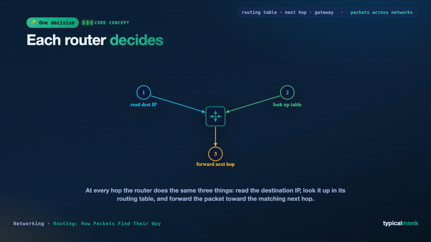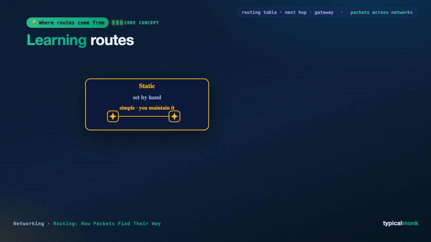Read the packet's destination IP, look it up in its routing table or fall back to the default gateway, and forward toward the chosen next hop. And because every router on Earth follows this identical, simple procedure, they interoperate seamlessly to carry packets across the whole internet. One question remains: where do all these routing tables come from?